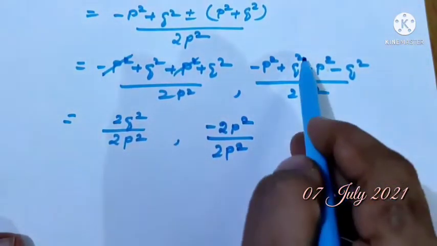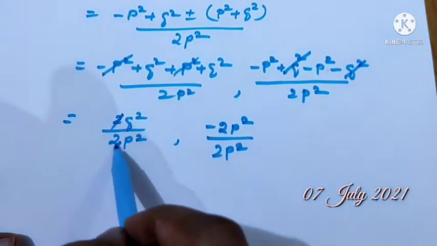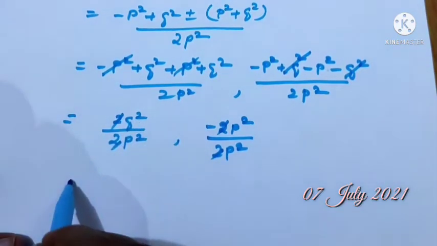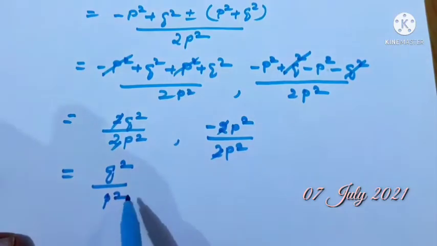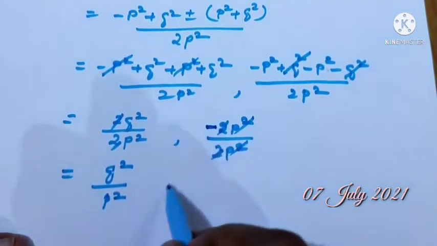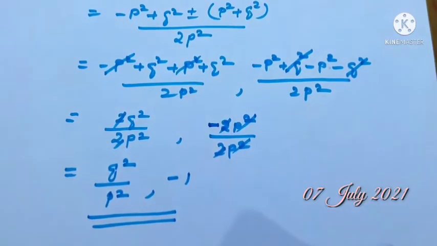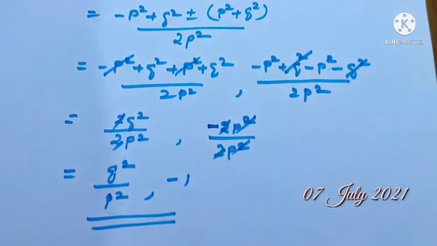What about the q? Plus q square minus q square will get cancelled. In both the cases 2 I am cancelling, and here q square by p square as it is we cannot cancel furthermore. But p square here we can cancel, but the minus sign is there, so minus 1. So these are the two roots for the given quadratic equation.